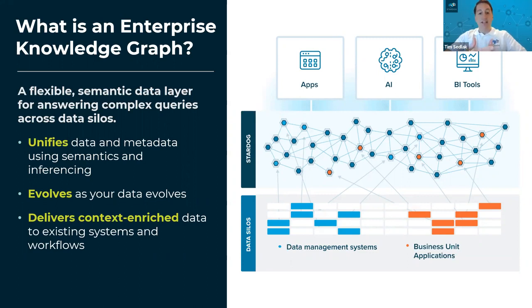This is key because otherwise every project has to start with moving or copying data. And as data volumes grow, it gets increasingly more difficult with every new project. So all of these combined into an enterprise knowledge graph foundation, providing an enriched contextualized layer that is well suited for taming many of the challenges with existing enterprise data management approaches.